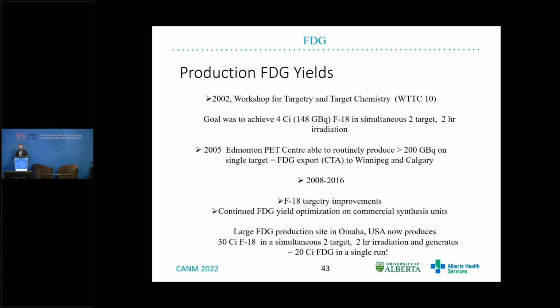From 2008 to 2016, the targetry improvements have been significant. It's not uncommon to produce 30 curies of F18, and some big centers in the US actually make 20 curies of FDG in one run.